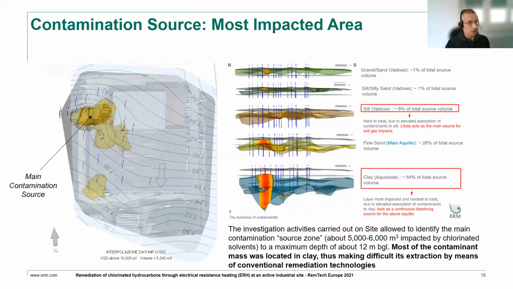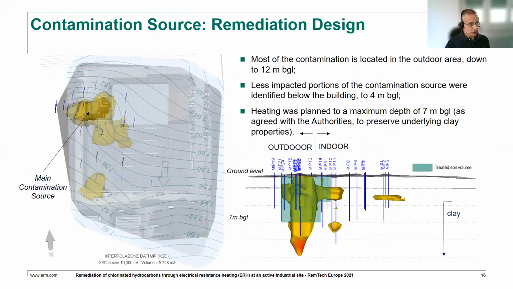So in the end, we reconstructed that 64% of the total contaminated volume, saturated and unsaturated, was in clay. And so this was the main driver of the selection of the technology, because clay is very difficult to address. This technology was proved to be effective in clay, in fact.